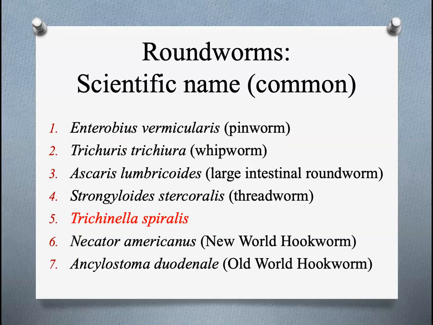Here is our roadmap for all of the roundworms. You need to know both the scientific name and the common name when applicable. You will have to know how to spell all of these words, so get to practicing. And the only way to be able to spell it is to be able to say it.